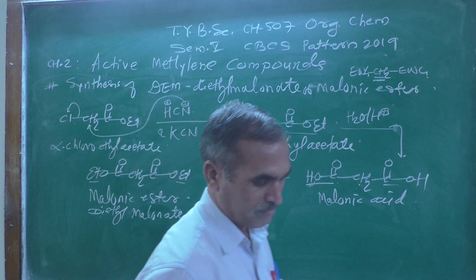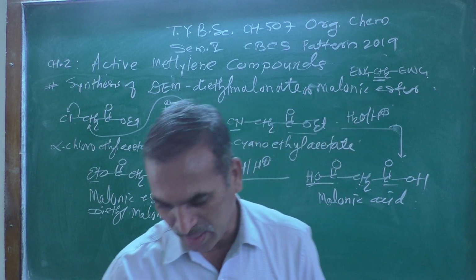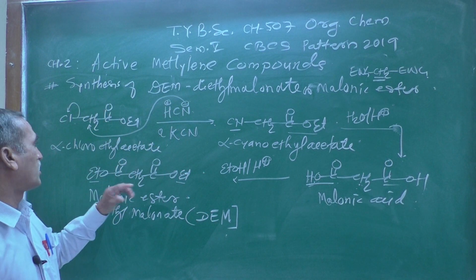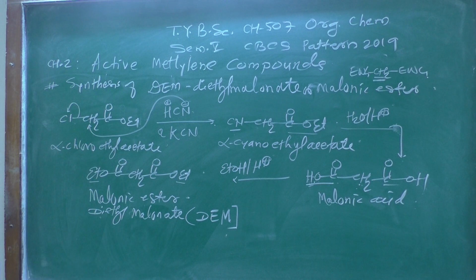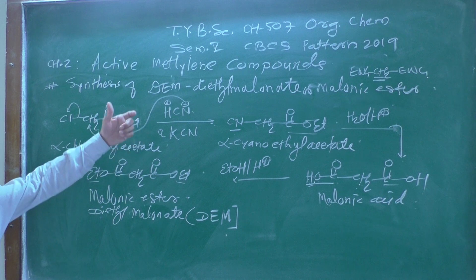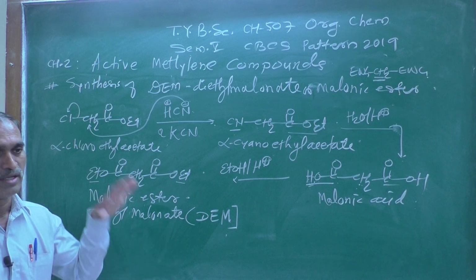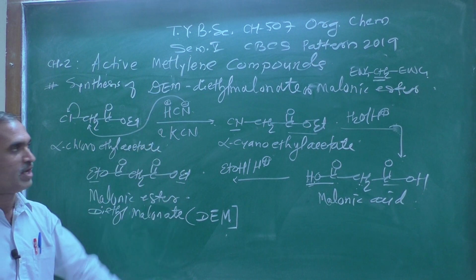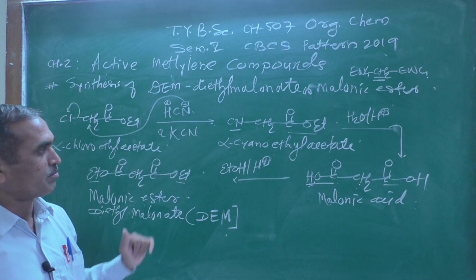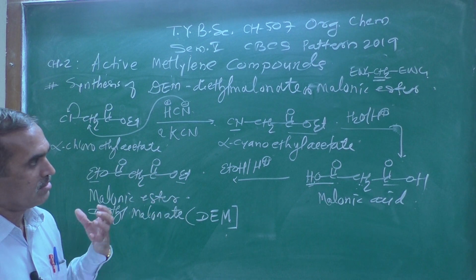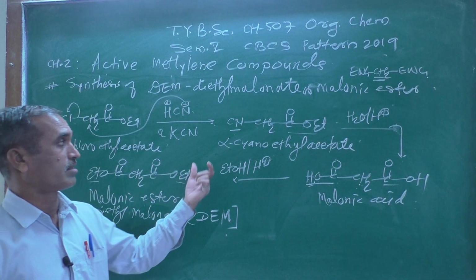So in this way, in the simplest way, we can prepare diethyl malonate in the laboratory by starting with alpha chloroethyl acetate, as we know that it is readily available in the market. You can treat it with hydrogen cyanide, either hydrogen cyanide or potassium cyanide. It undergoes a nucleophilic substitution reaction. The resulting compound formed will be alpha cyanoethyl acetate, and in that alpha cyanoethyl acetate, there is the cyanide group.